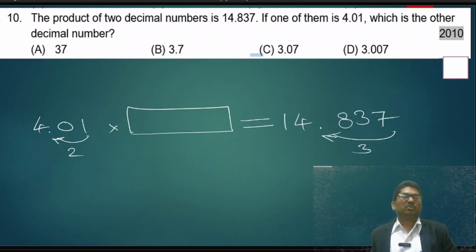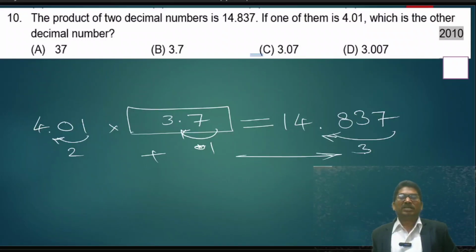So 3.7 is the suitable required number, 1 decimal place. So 2 plus 1, it is satisfying. So what is the correct option? B is the correct option.